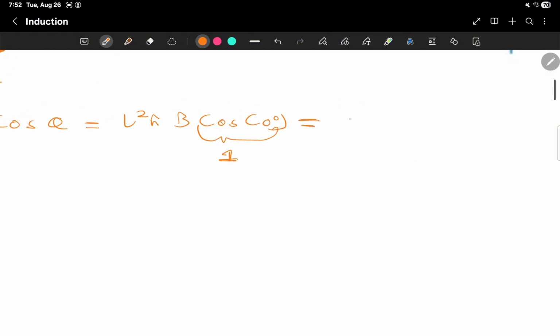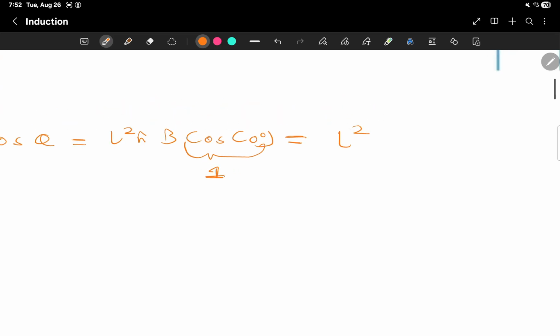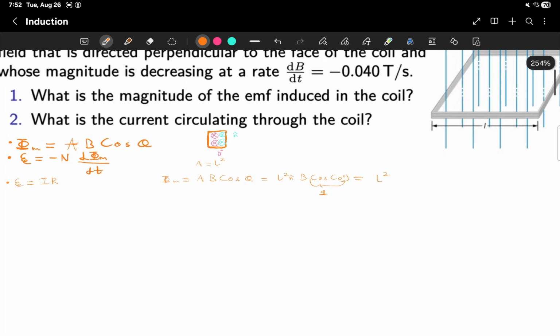So you have L squared times the dot product of the n vector and the magnetic field vector, or the area vector.